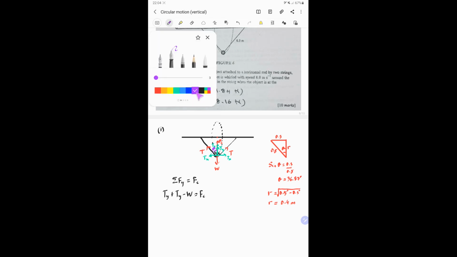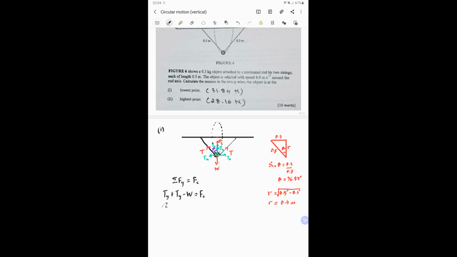So the equation is T cos theta plus T cos theta minus W equals FC, which is 2T cos theta minus W equals FC. FC equals mv squared over r. Substitute all the values and then you will get T.